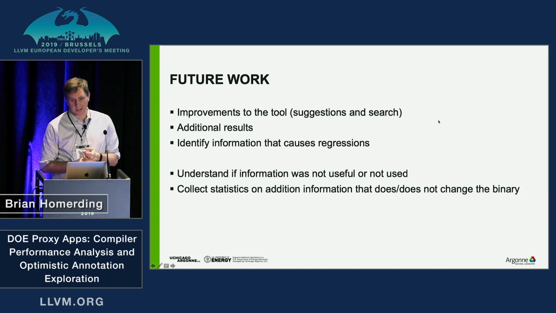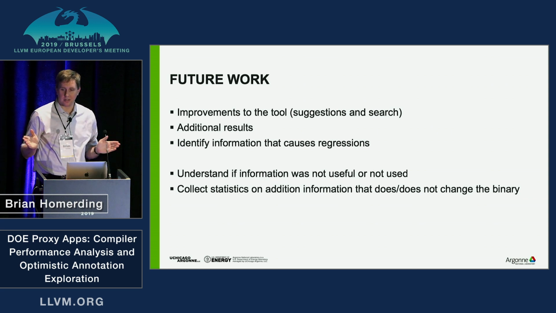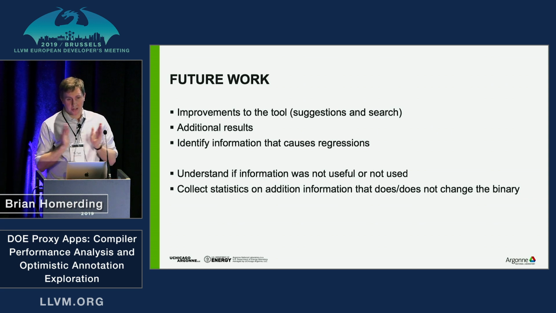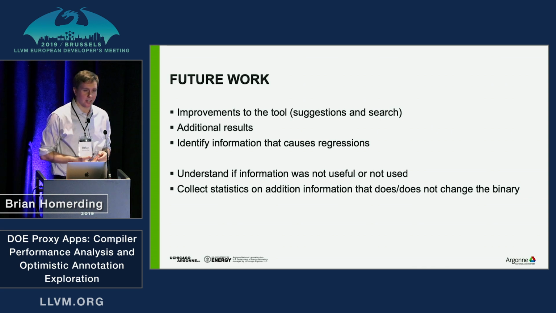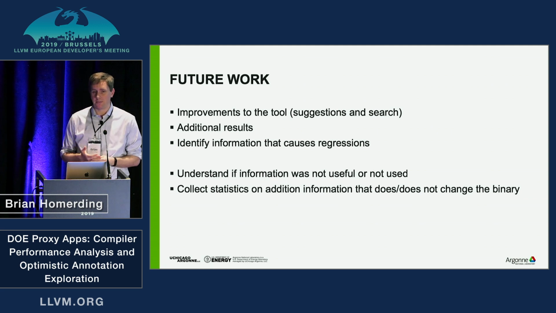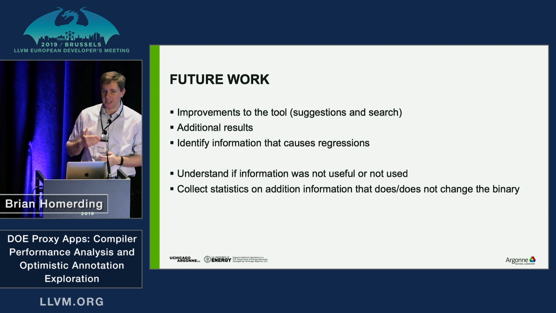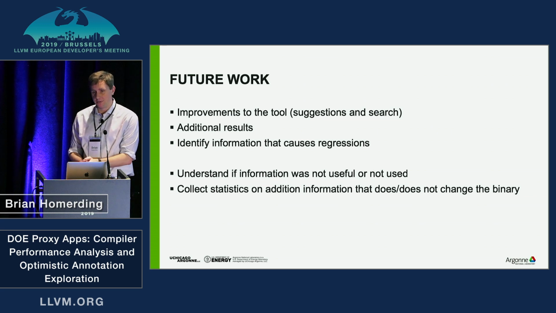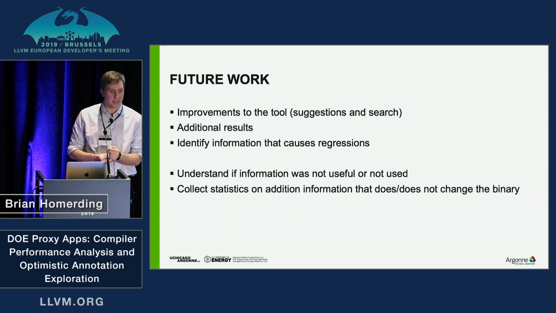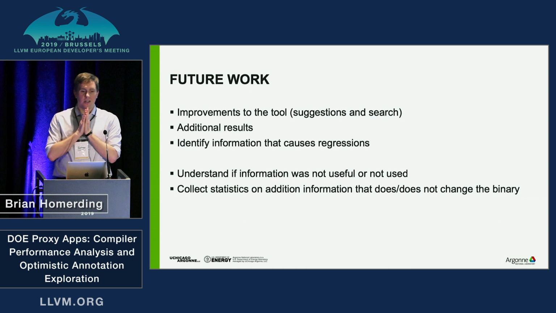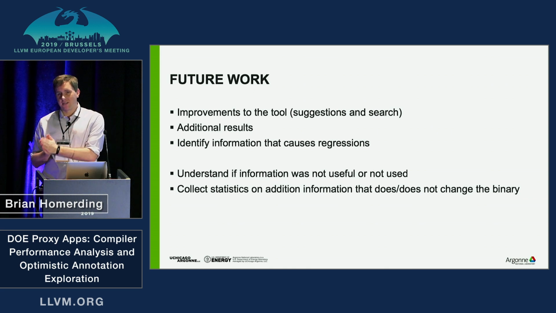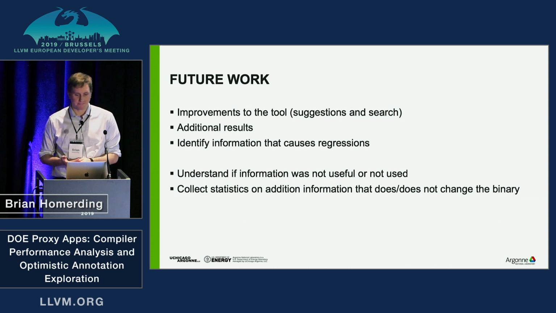And then looking at it without isolating things, looking at the full stretch of optimistic opportunities that we can make, we're going to try to collect the LLVM statistics on these to figure out what passes use what information, and what information is being added but not being used, to take a first step in understanding whether this information is useful or just not used.